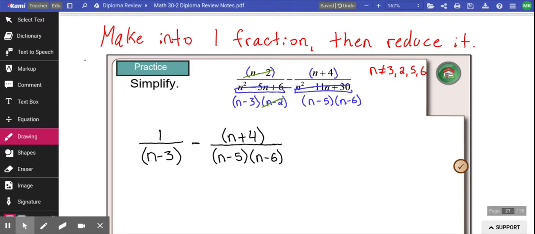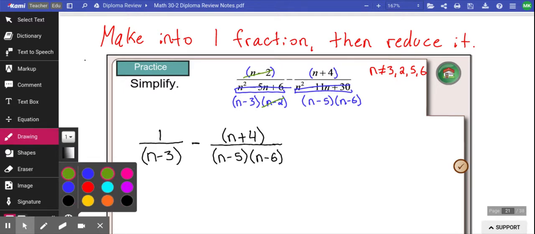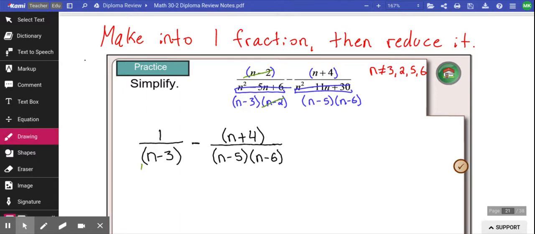Now, adding and subtracting. To write it as one fraction when you're adding and subtracting, you have to have a common denominator. To get a common denominator, you look for entire packages that each fraction has. For instance, if I look at this first one, I notice that this one has an n minus 3 in the denominator as a package.